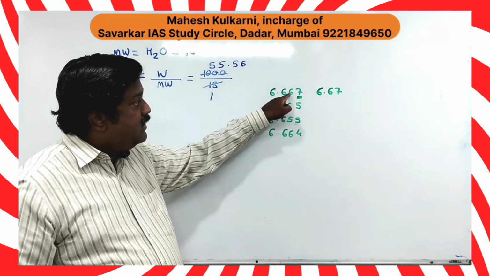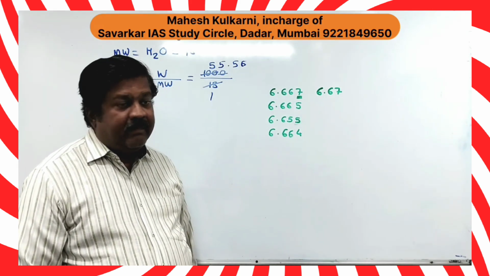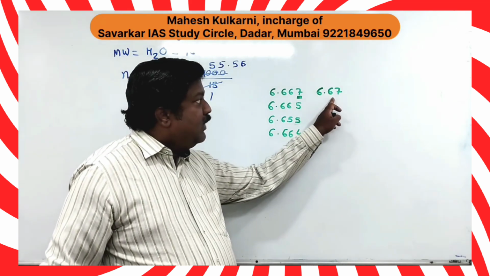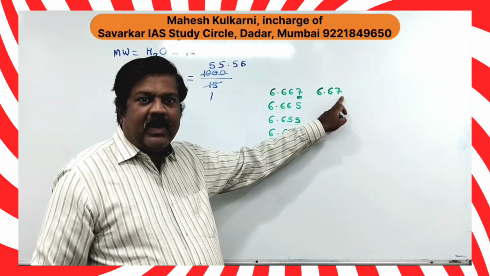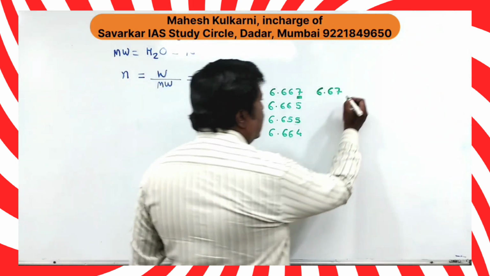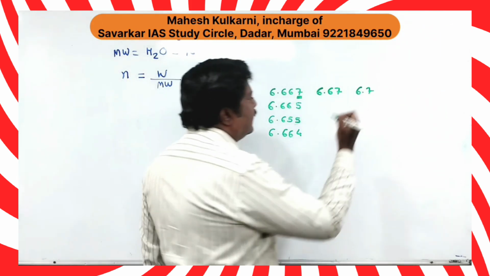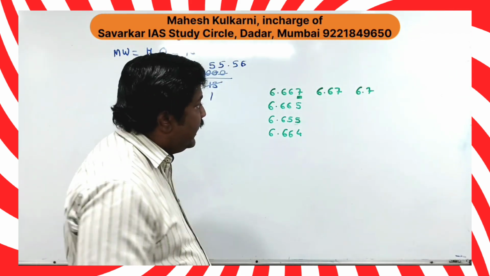So I have added 1 here and the answer is 6.67. Now suppose I have to round up to 1 decimal only, then obviously the last digit is greater than 5, so I will add here and this answer will be 6.7. So I may write here also, I can round this as 6.7 for 1 decimal.